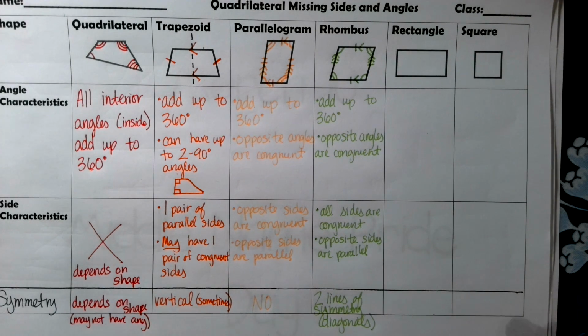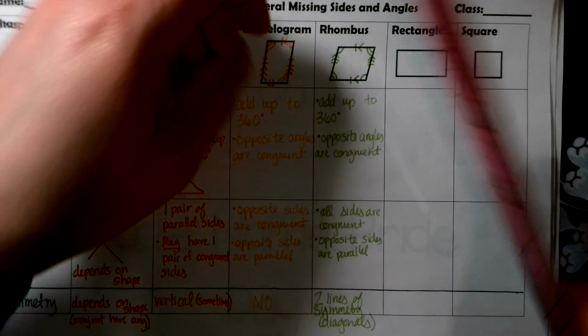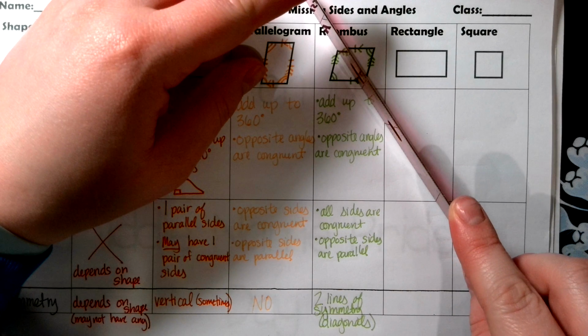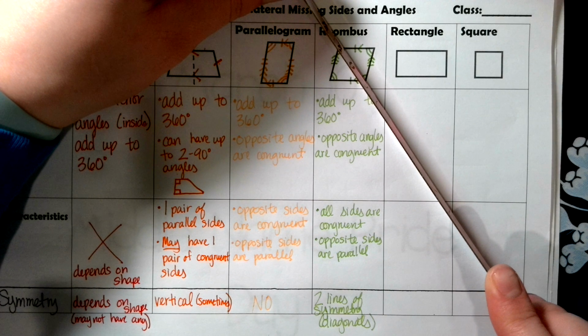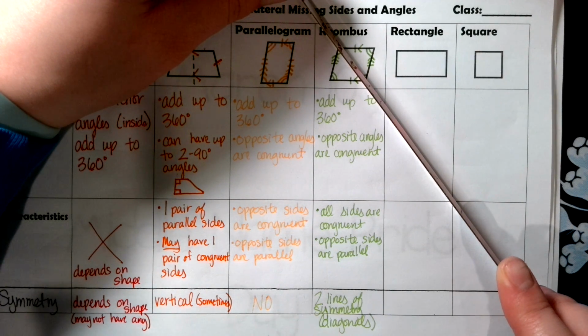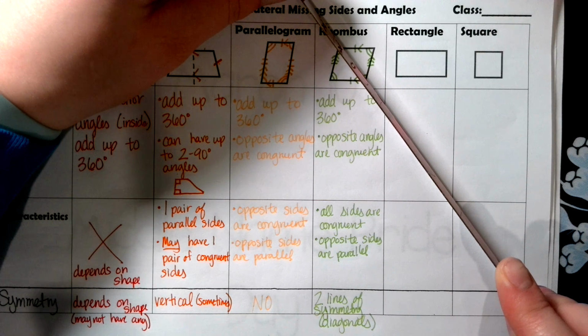Again, if you haven't been to the vocabulary station yet, diagonal means that it connects opposite corners. So if I cut along this diagonal, I have the exact same shape on both sides of my diagonal line, same triangle.